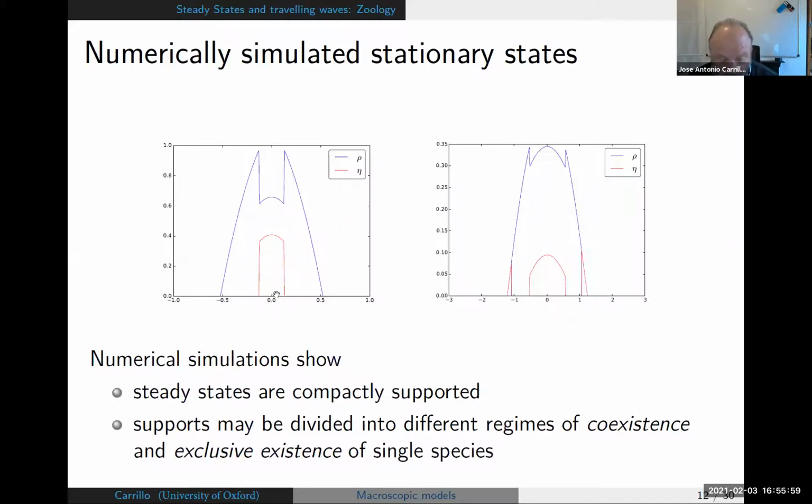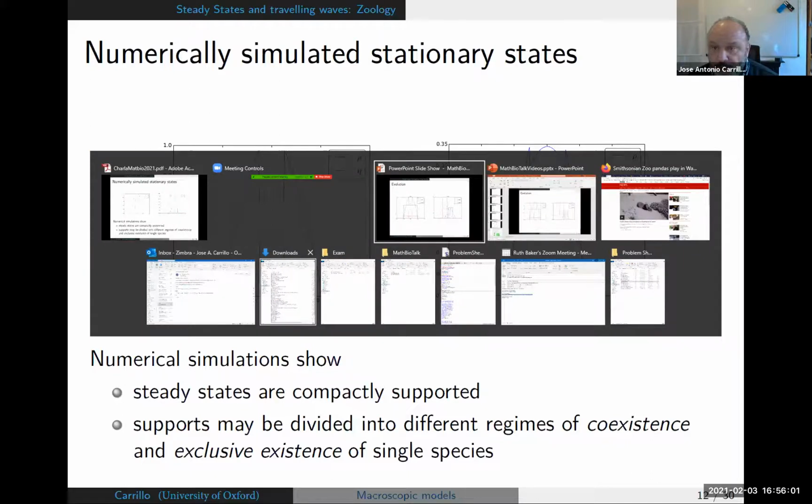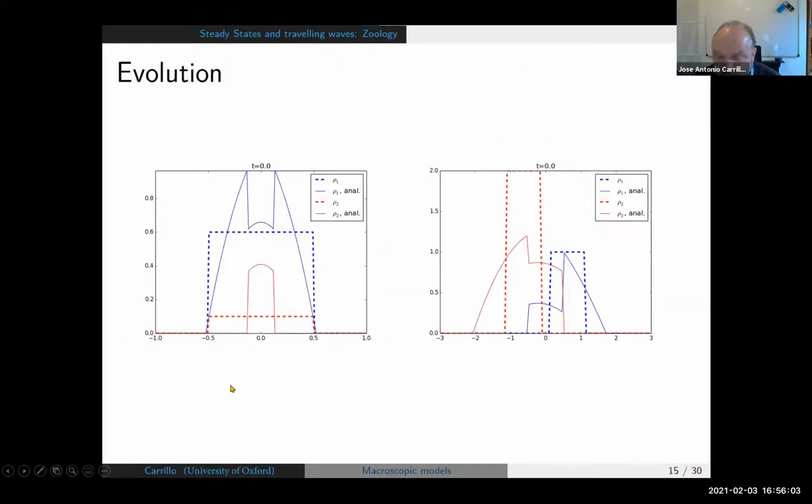Let me show you now some simulation about the steady state. Here the initial data is just constant in a certain interval, and you will see now the evolution. I'm not discussing the numerical simulation that much here, but if somebody is interested in the numerical scheme, you can ask me later.